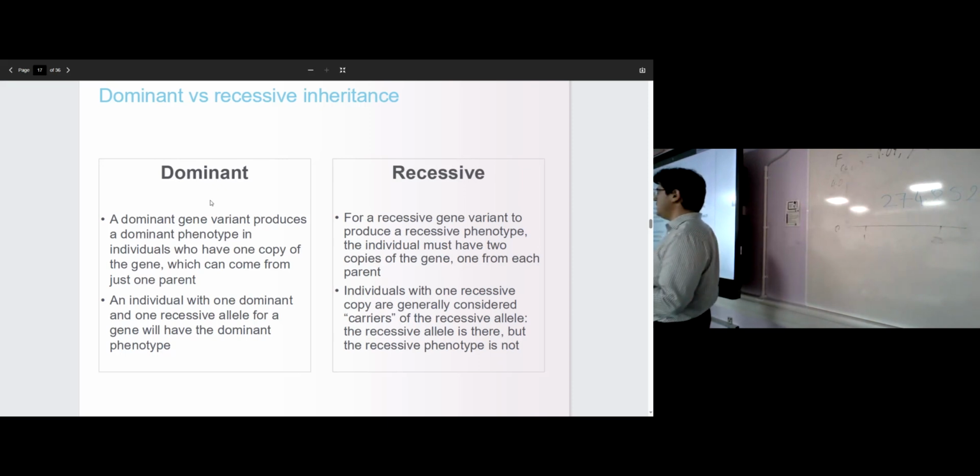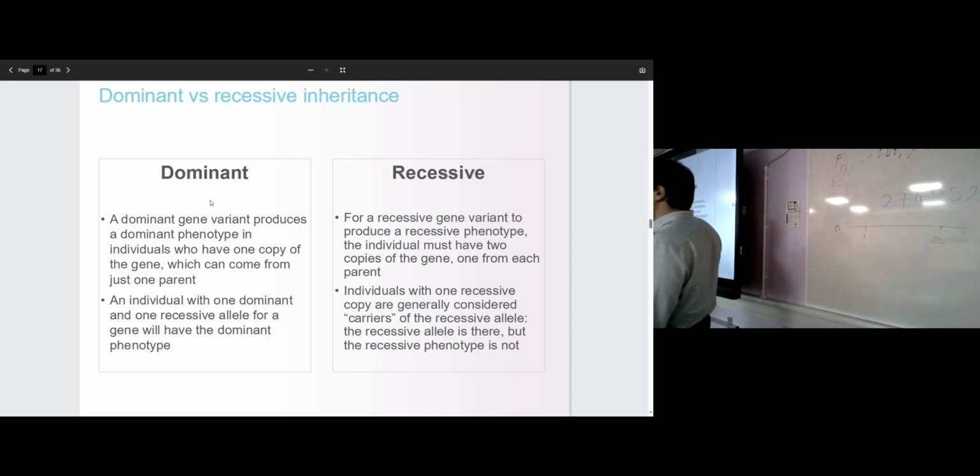He was the first person that looked at, with peas, how inheritance worked. And the reason he was able to find the inheritance patterns was because he was very lucky, and I guess wise, to be able to focus on traits that are monogenic.